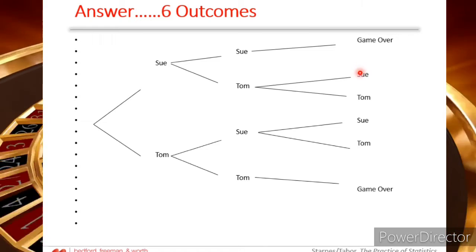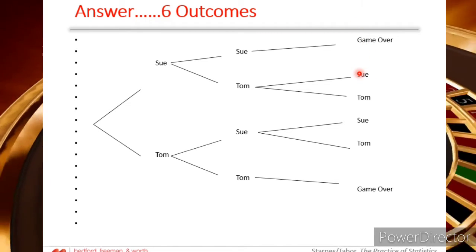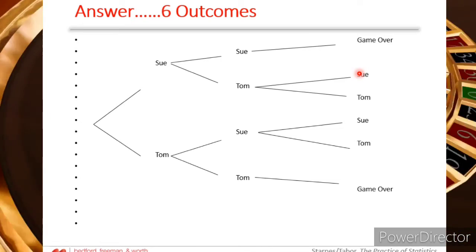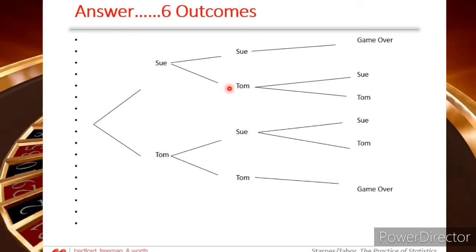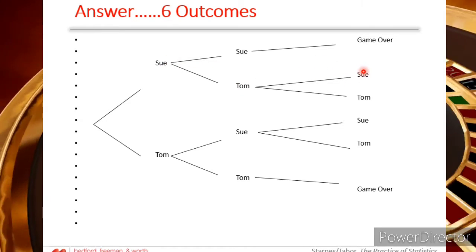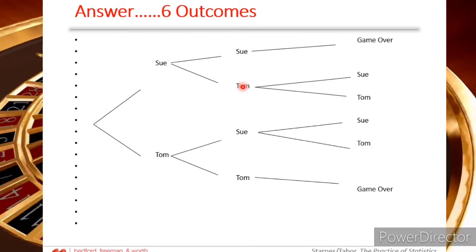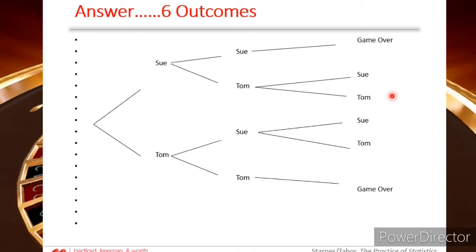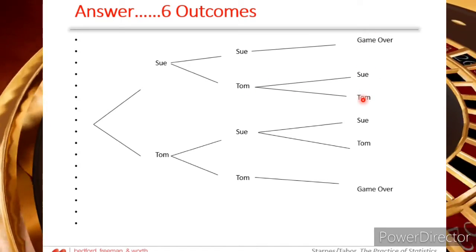So, that will be the second arrangement or second combination natin. Sue plus Sue, game over. Sue, then Tom, and then Sue. Game over kasi dalawa na rin yung Sue. Kapag si Sue natalo ni Tom at sa pangatlong game ay nanalo ulit si Tom, game over na din kasi dalawa na yung Tom. So that will be the third combination natin.